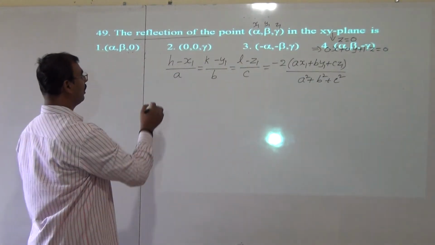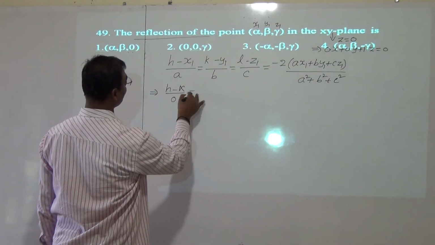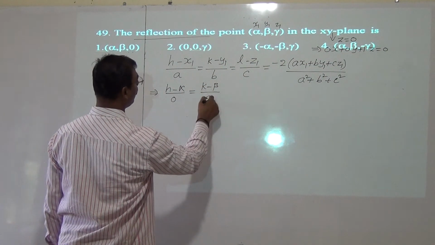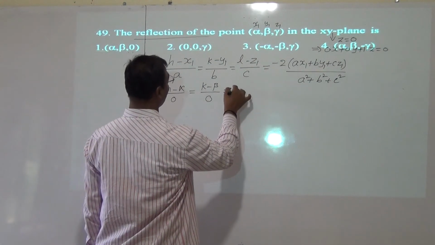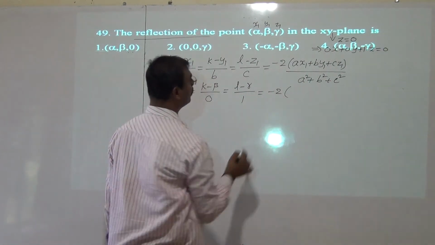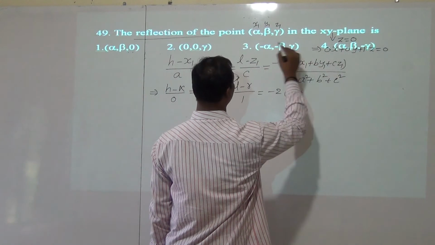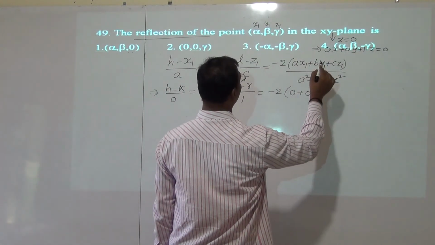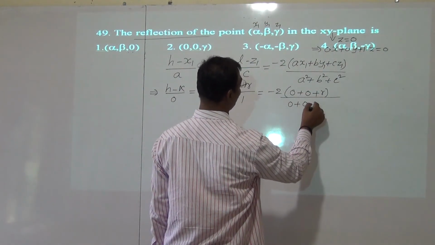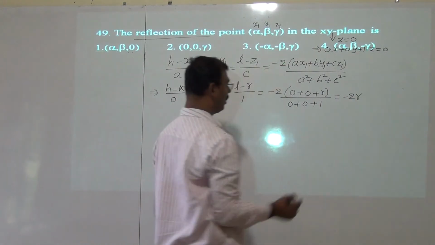Using this condition, we have h minus alpha by 0 is equal to k minus beta by 0 equals l minus gamma by 1 is equal to minus 2 times, substituting here 0 into alpha, 0, plus 0 into beta, 0, plus gamma into 1, gamma, divided by 0 square plus 0 square plus 1 square. This is nothing but minus 2 gamma.